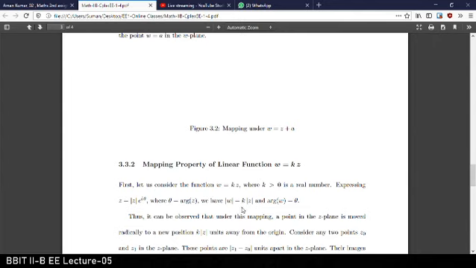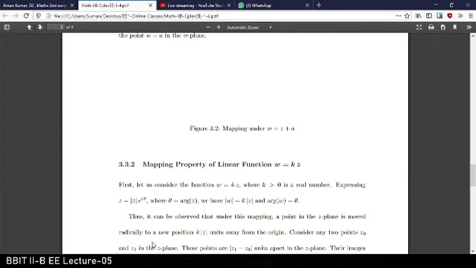So the magnitude of w is k into magnitude of z, and the argument of w is the same as the argument of z. Both will be theta. That means every length in the z plane has been multiplied by a number k in the w plane.